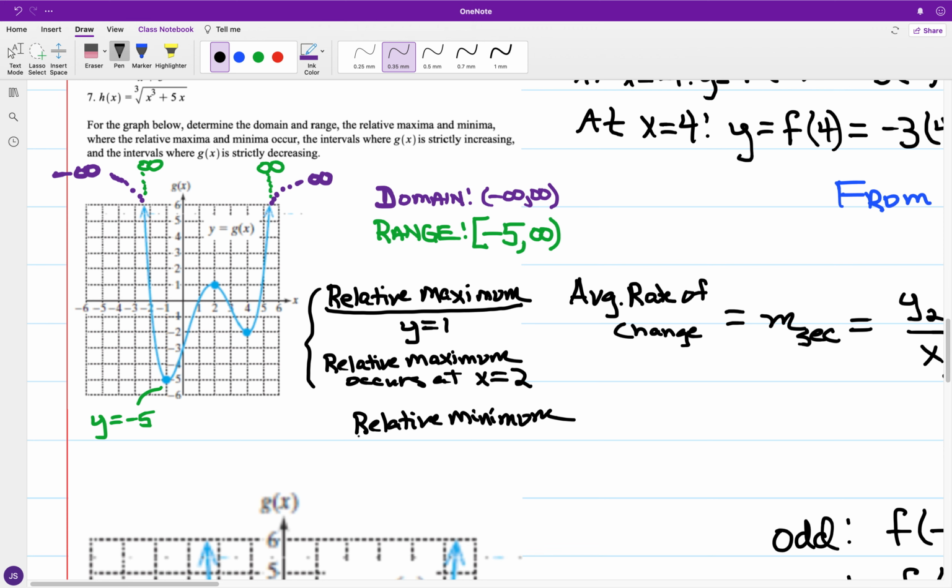And in the case of the relative minimum, or minima, you're going to have your relative bottom points, where we have a decrease followed by an increase. For your relative minimum, you have y at -5, and you also have another dipping point where y is equal to -2.